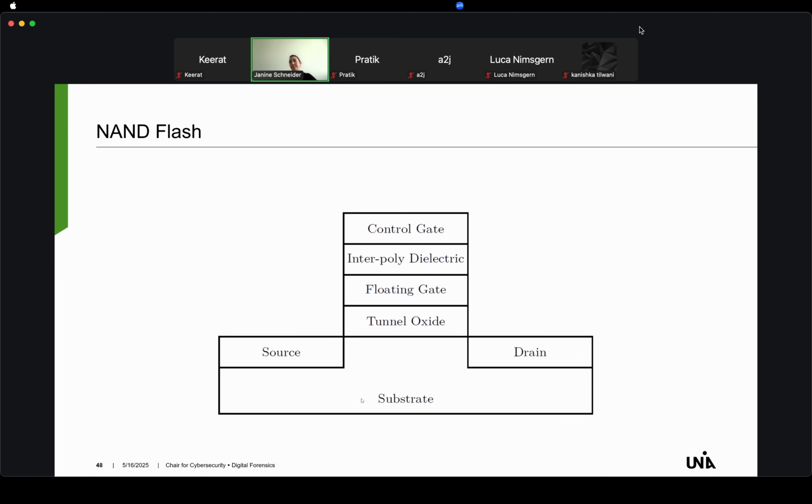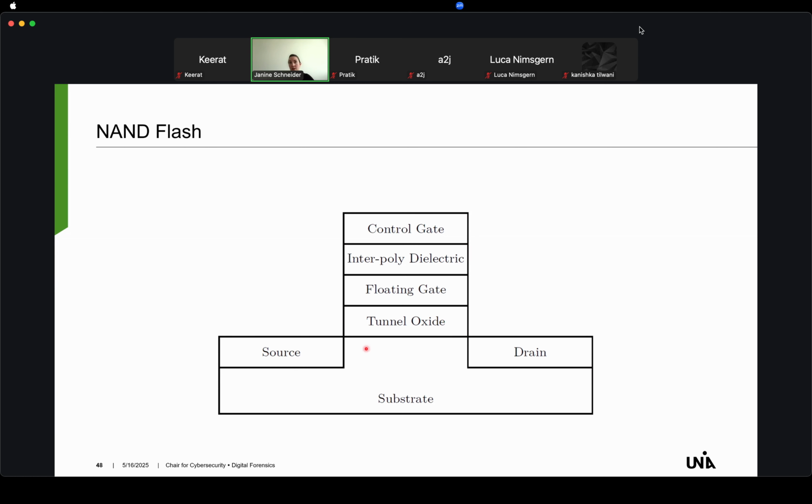NAND flash cells are persistent transistors, and they are based on the floating gate technology. That means that the transistor is able to push electrons onto an electronically isolated gate. So we have the substrate here, and we have a tunnel oxide.